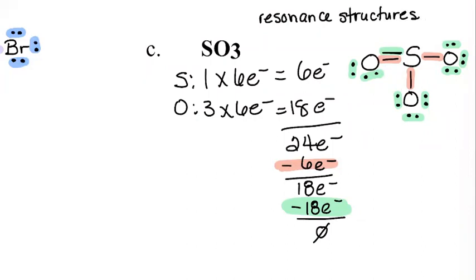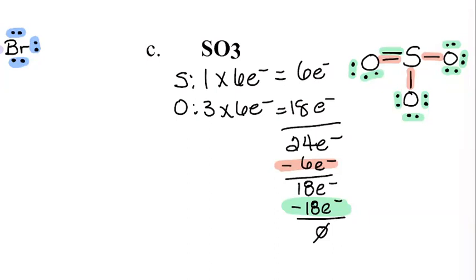So resonance structures is going to be multiple Lewis dots that represent the overall Lewis structure for a particular molecule. So this SO3 will have different resonance structures, and resonance structures are written in a particular way. Again, it is not discussed in this textbook, but understand that that's how it is. I'm going to erase that because I'm not going to test you on it, okay?